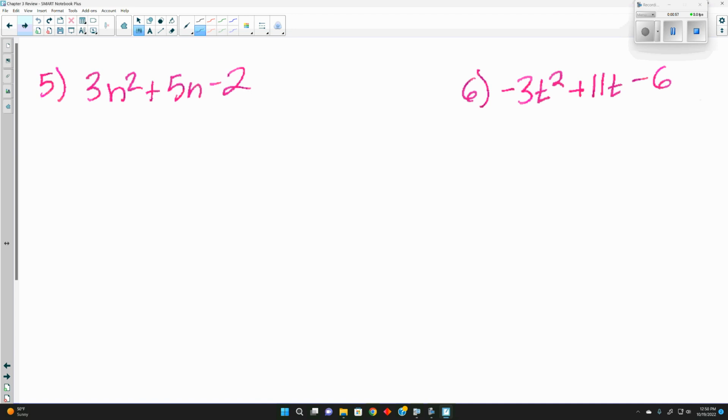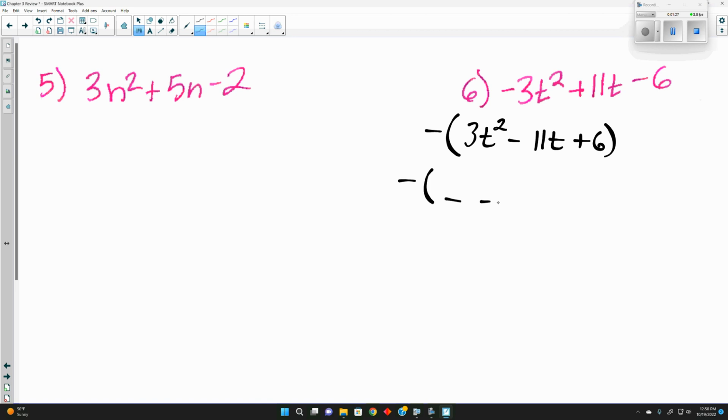Now, there's not a number that will go into all three, but there's still something we'll factor out. The negative, because we want the variable that's being squared to be positive. So we can factor the negative out of 3t squared, which gives us positive 3t squared. The positive 11t is going to become negative 11t, and the negative 6 is going to become plus 6. If there had been a number that was in common with all those, we would have pulled it out as well.